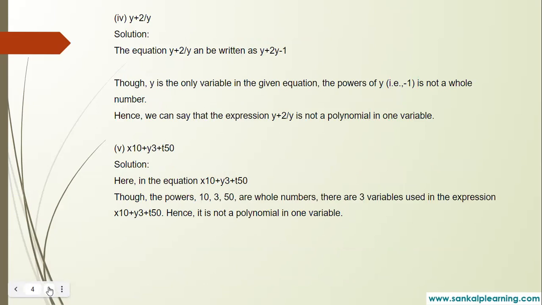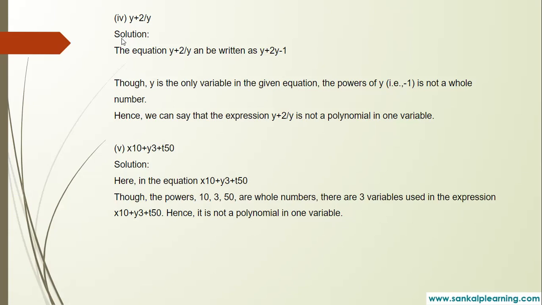Next one, y plus 2 by y. First term is y. It is okay, the degree is 1, a whole number. Come to the second term, that is 2 by y. If you bring y to the numerator, what happens? It becomes y to the power of -1, right?